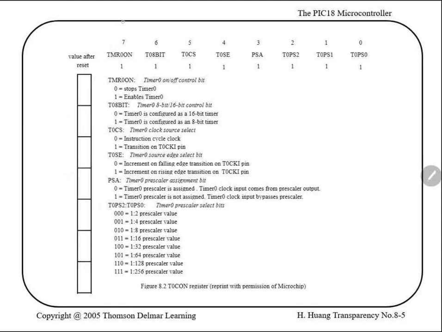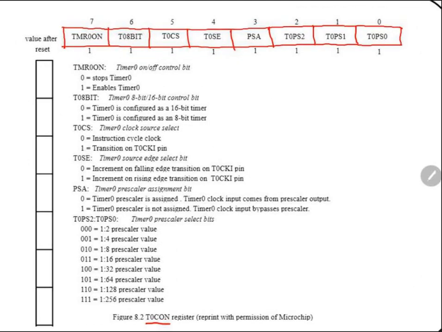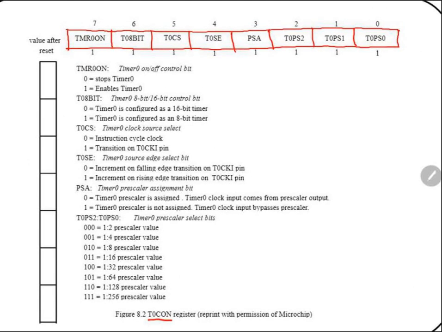Look here. Let's say this is the timer 0 control register. So it has 8 bits, so we need to know how to configure this. So let's see one by one.